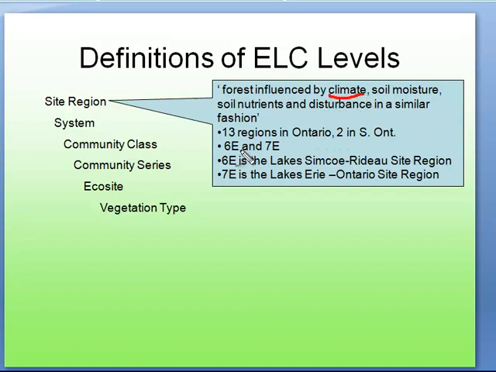There are 13 regions in Ontario, but only 2, like we've already discussed, 6E and 7E, are in Southern Ontario. 6E, the area that we are in, is also called the Lake Simcoe-Rideau site region, which covers that range east-west.